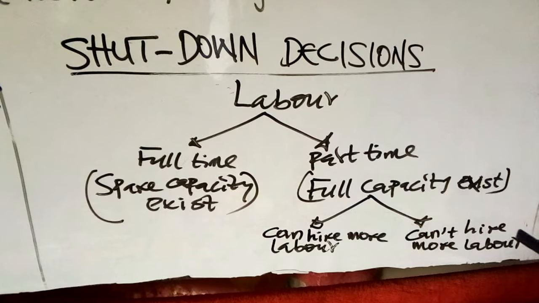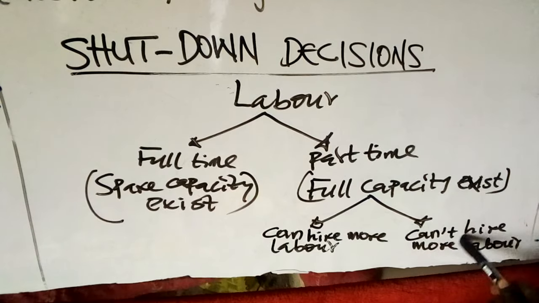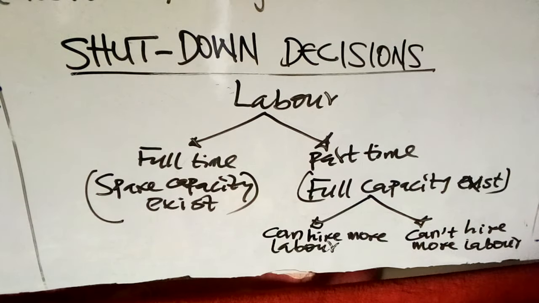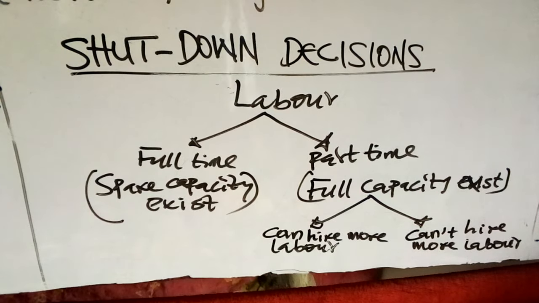The second one is where you can't hire more labor. In this case, you can only divert labor from another department. That means you are going to apply opportunity cost. In this case, the relevant cost is the opportunity cost of diverting labor.